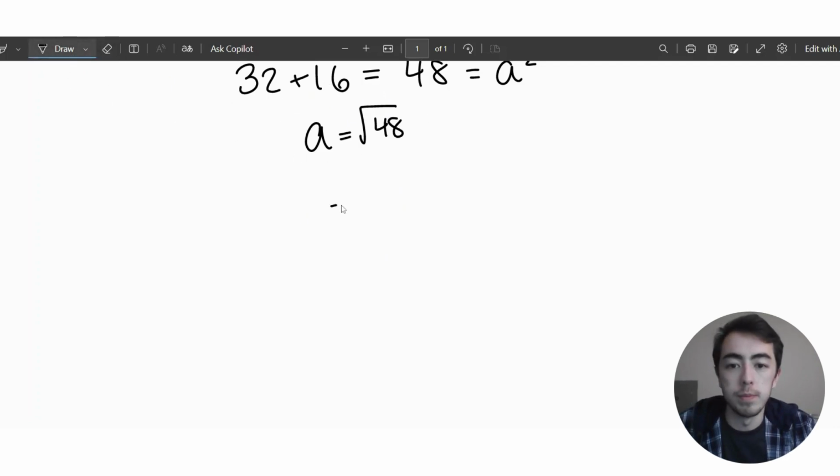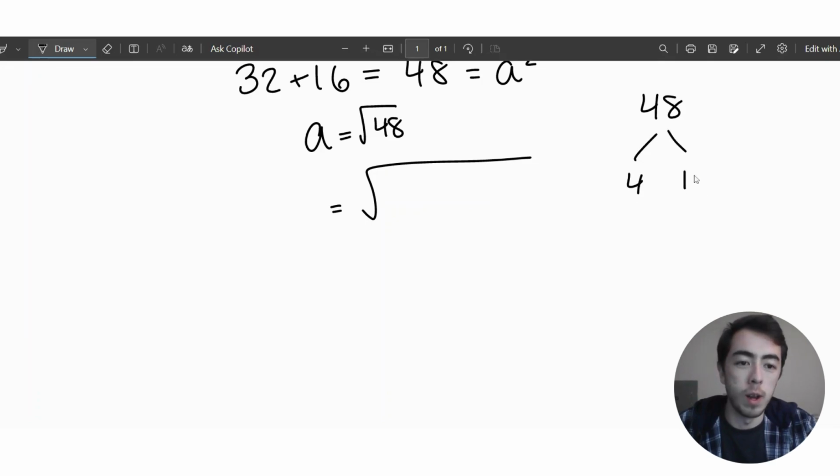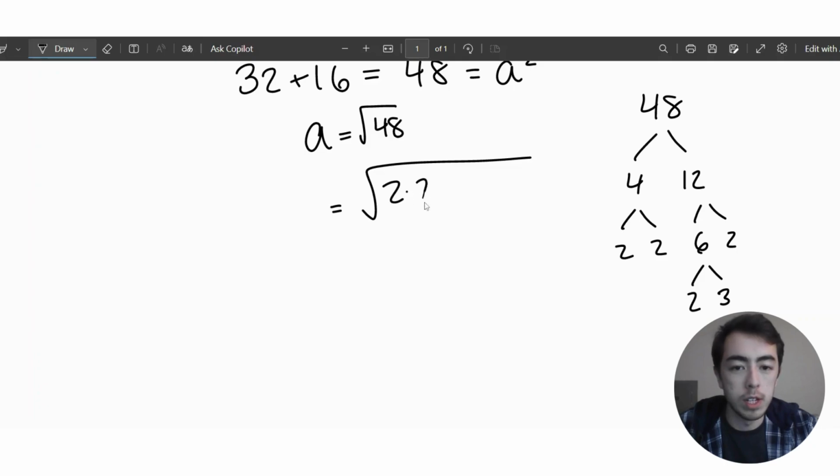Okay. So when I simplify these square roots, I like to list off all the factors that I can, and a factor tree is super helpful for this. So 48 is 4 times 12. I can split up the 4, and I can split up the 12, and then I can split up the 6 one more time. So 48 is 2 times 2 times 2 times 2 times 3.